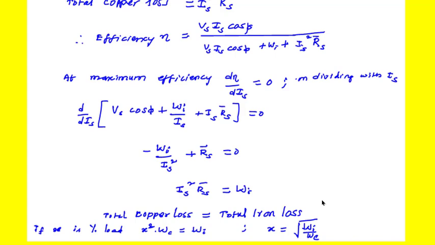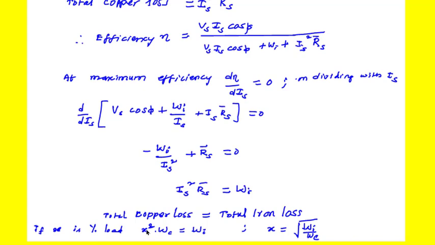Suppose we want to know at what load or what percentage of load the efficiency of the transformer is maximum. So we know copper loss, we can represent that as WC like this. So what percentage of load will make the efficiency equal to maximum.